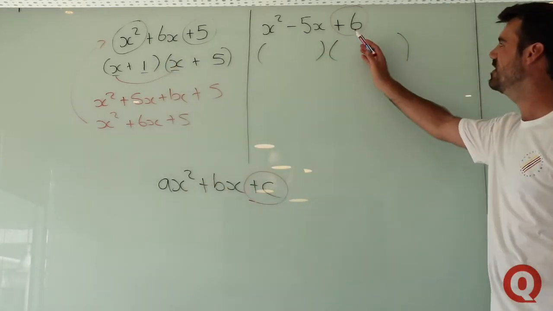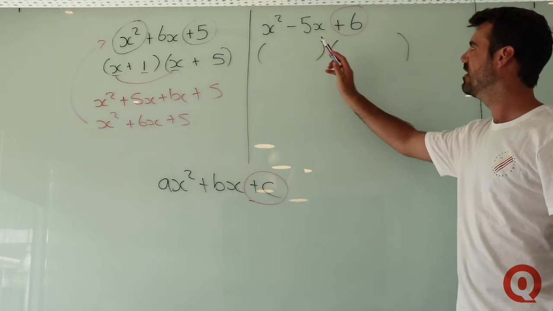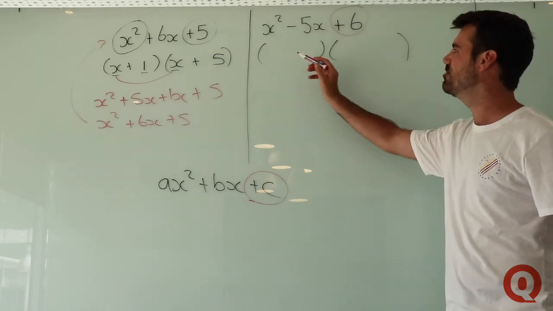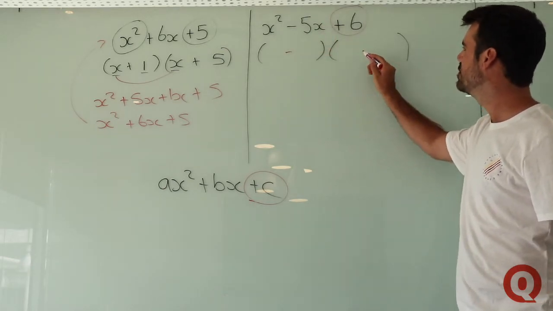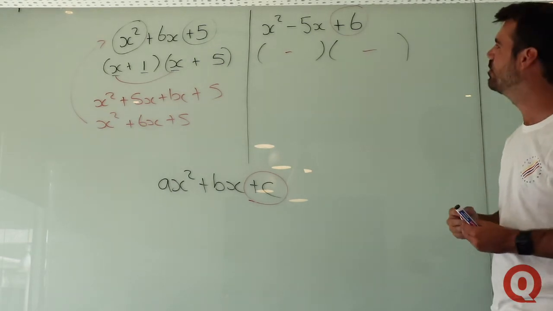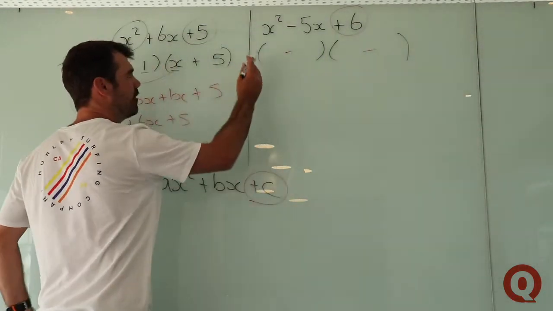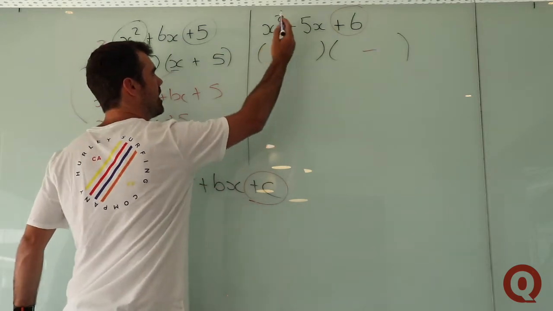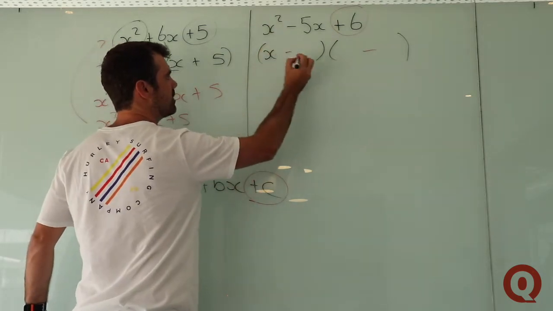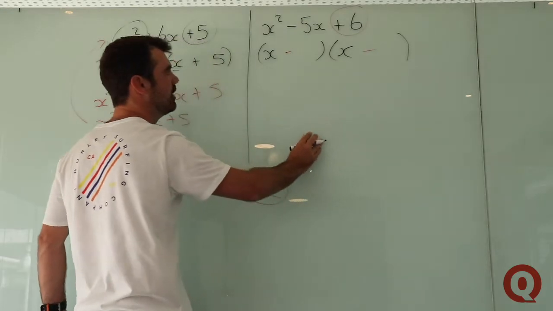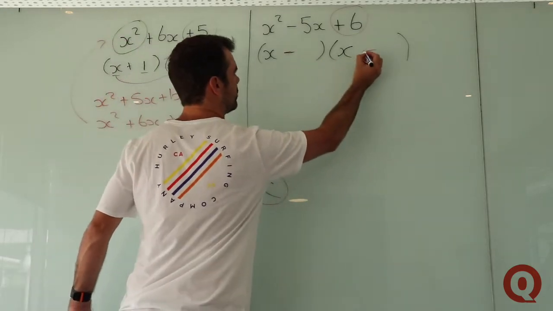So now I've got a positive c. Both signs are going to be the same. My middle term is negative, which means I will have two negatives. Now I don't even have to worry about what signs to deal with. So let's look, how are we going to factorize this? Well, what's going to make x squared? Well, x times x. Now I know I have two negative signs in the middle.